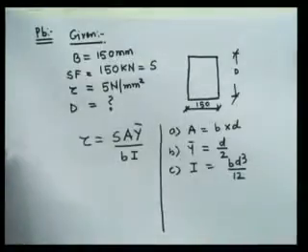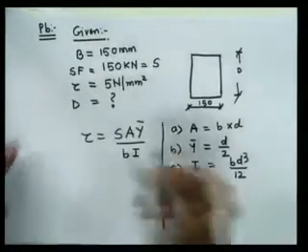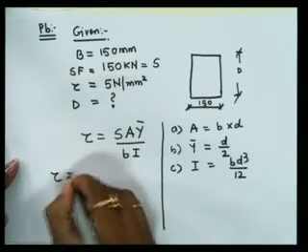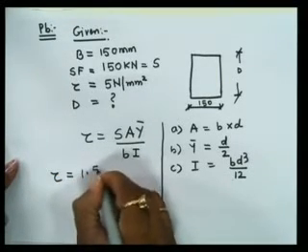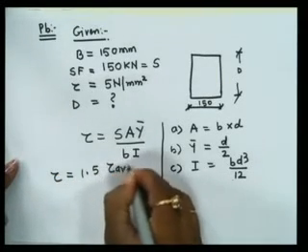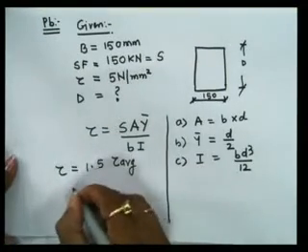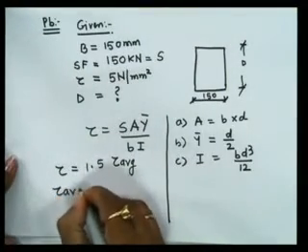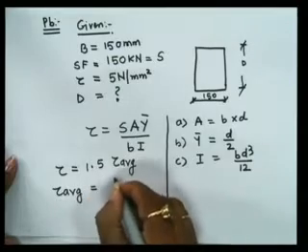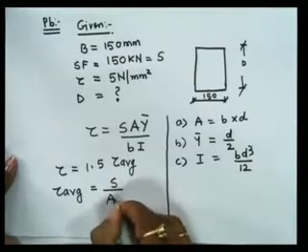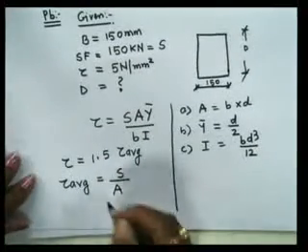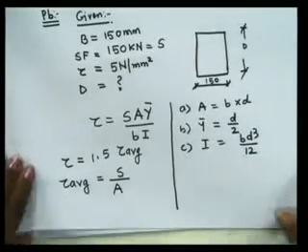So tau is equal to 1.5 tau average, and tau average is shear force upon area. So we can substitute the values over here.